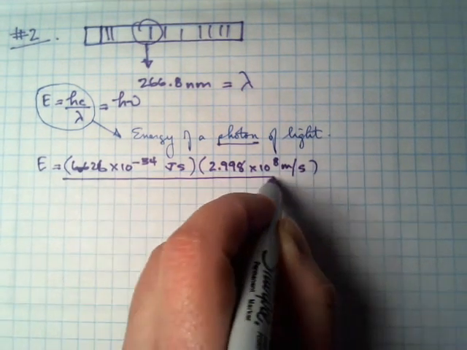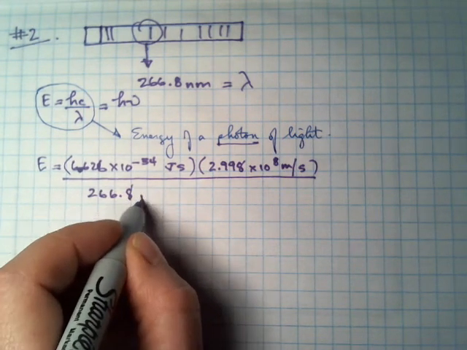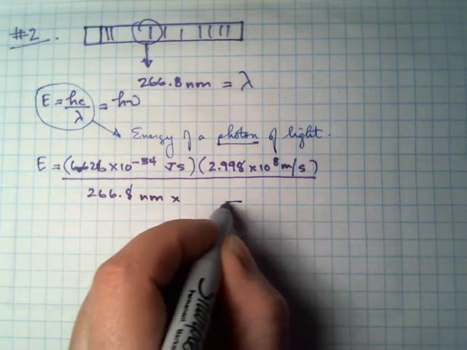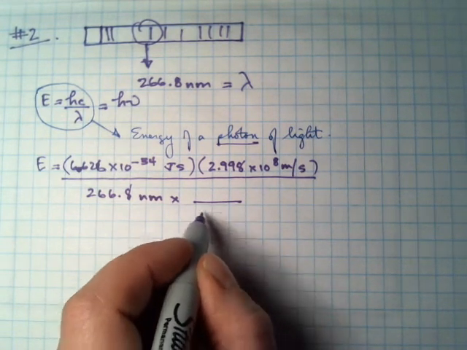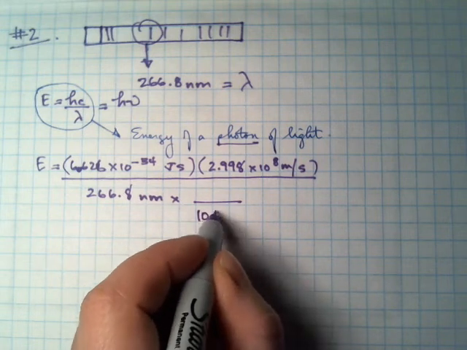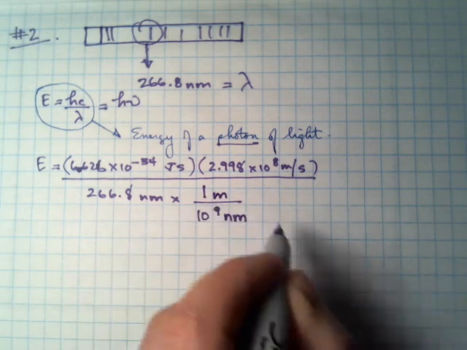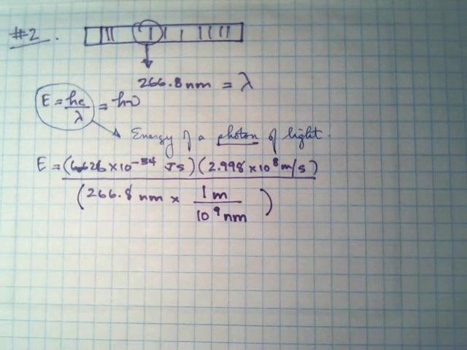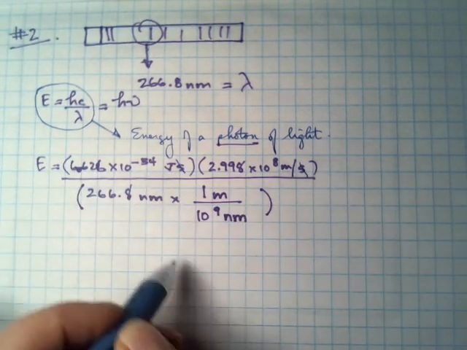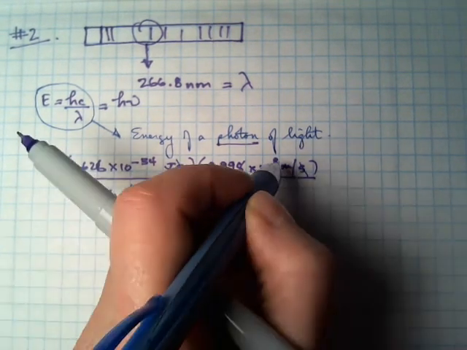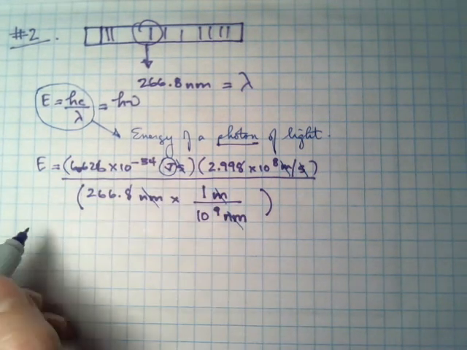And that's all over the wavelength of 266.8 nanometers, and convert that right inside here. I have 10 to the 9 nanometers inside 1 meter. And seconds will cancel, nanometers will cancel, meters will cancel. My answer should be in joules.